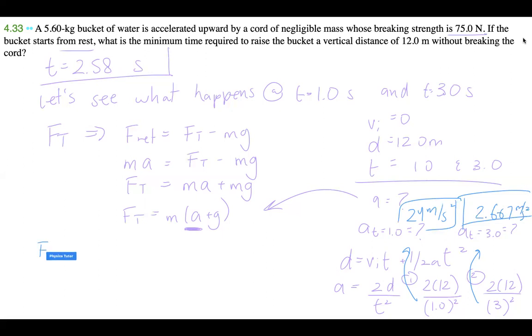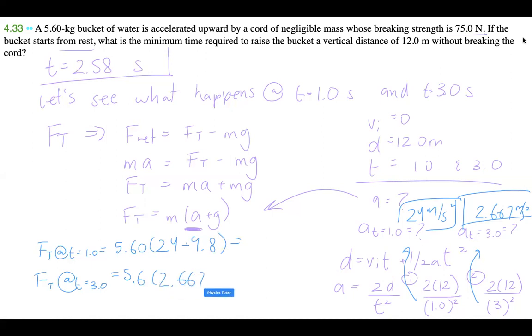Okay, so Ft at t equal to 1.0 is going to be mass, which is 5.60, times 24 plus 9.8, right? And Ft at t equal to 3.0 seconds is equal to 5.6 times, not 24, 2.667 plus 9.8, because gravity comes from here.